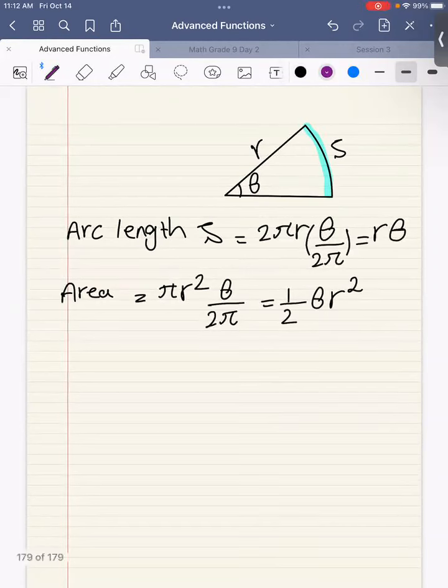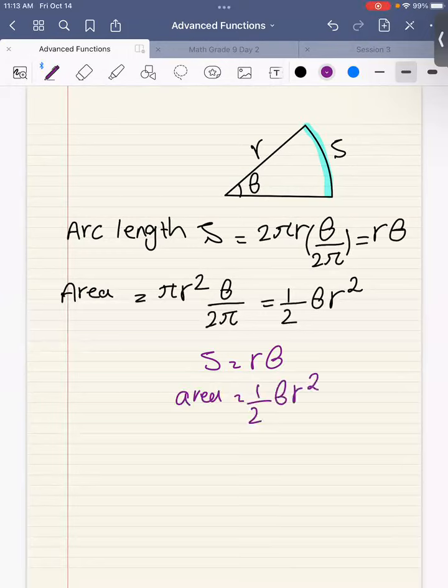So with theta over 2 pi, we get the ratio of theta in the entire circle. Exactly. So the arc length is r theta, and the area is 1/2 of theta r squared.